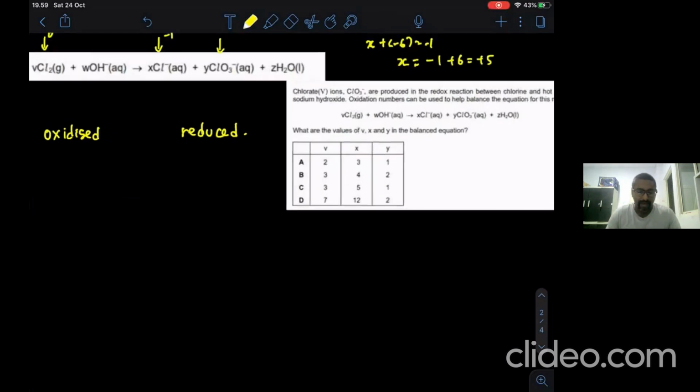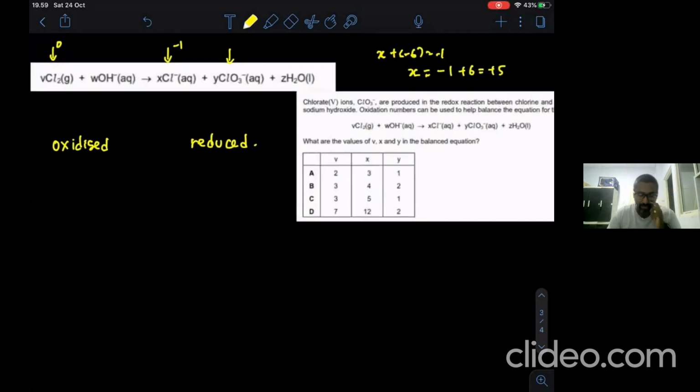Here I have Cl2 changing into Cl minus. This one has a decrease in oxidation number, so therefore it's a reduction reaction. So if I put Cl2 to give Cl minus, that's reduction.